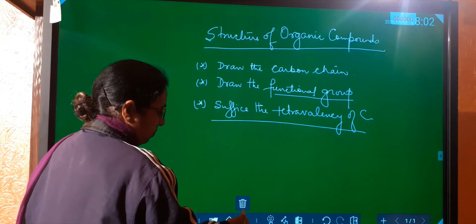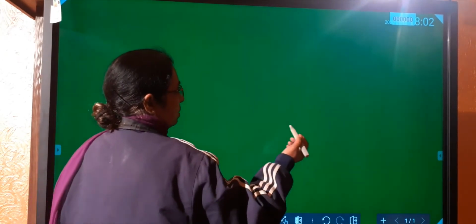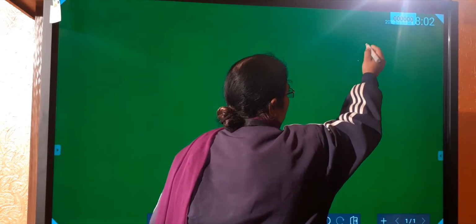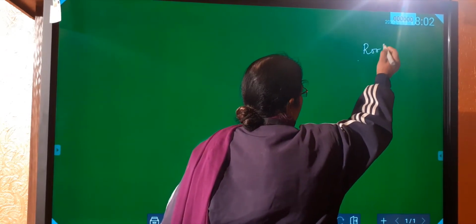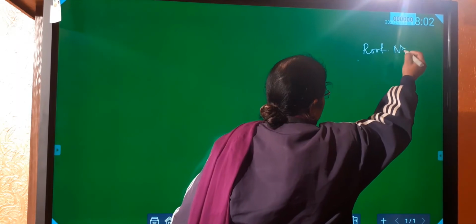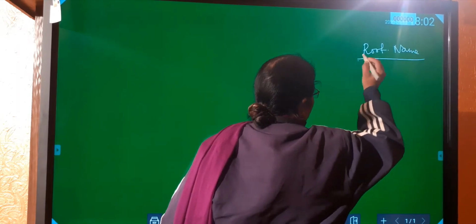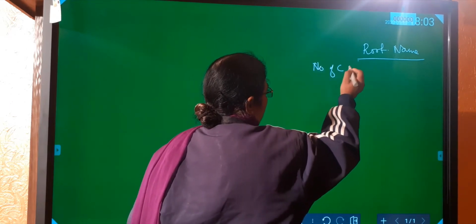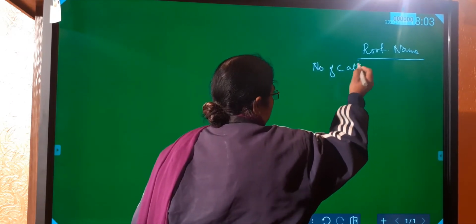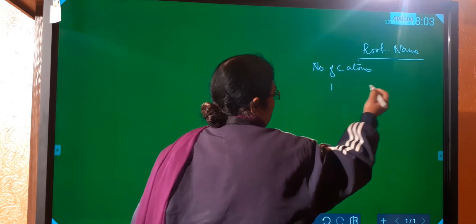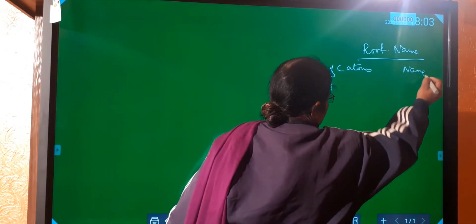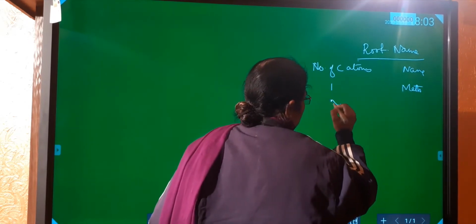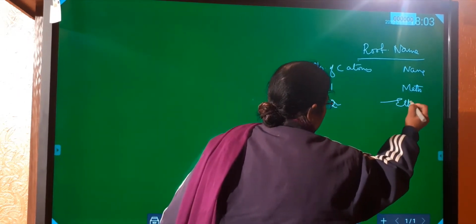Now let us see for different alkanes and alkenes. First let me write the root names. This is the number of carbon atoms. If the number of carbon atoms is 1, then the root name is meth. If it is 2, the root name is eth.